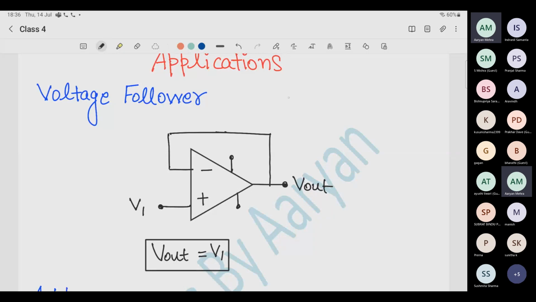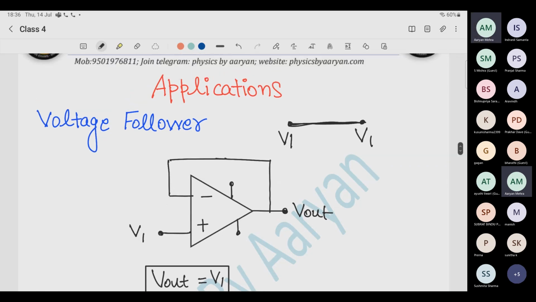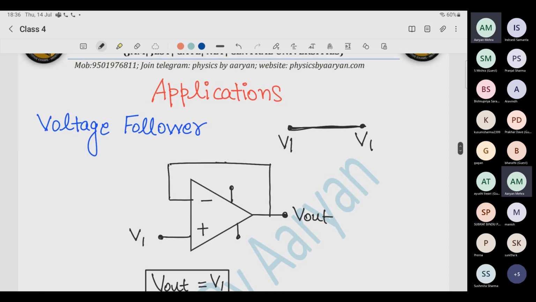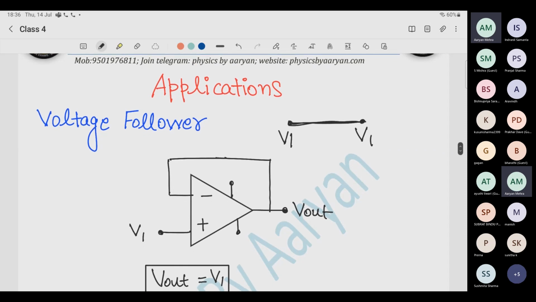So we cannot actually use wires. One very simple question comes: if at this point we have voltage V1 and at this point we also need the same voltage, then just connect these 2 points by wires. But wires cannot be used. Can anyone answer why wires are not used? Do you understand the question?